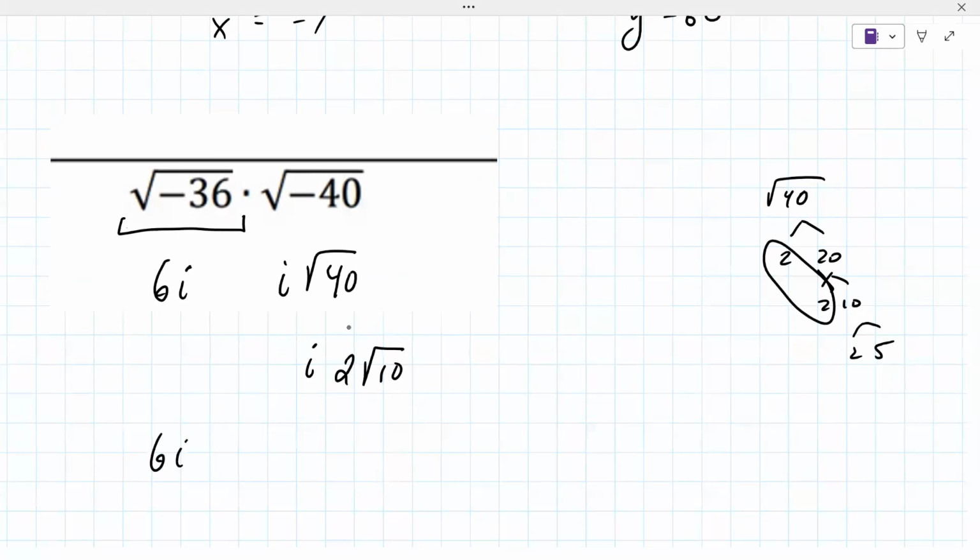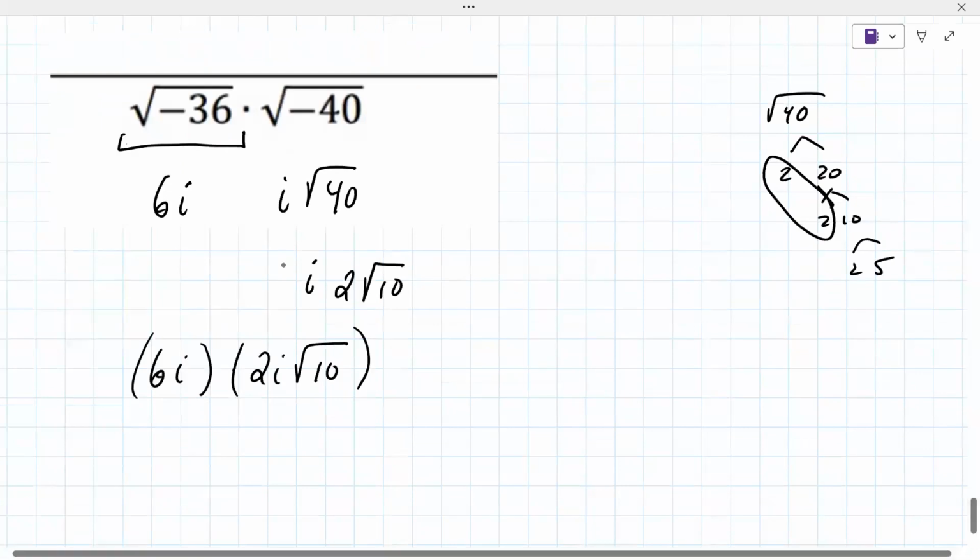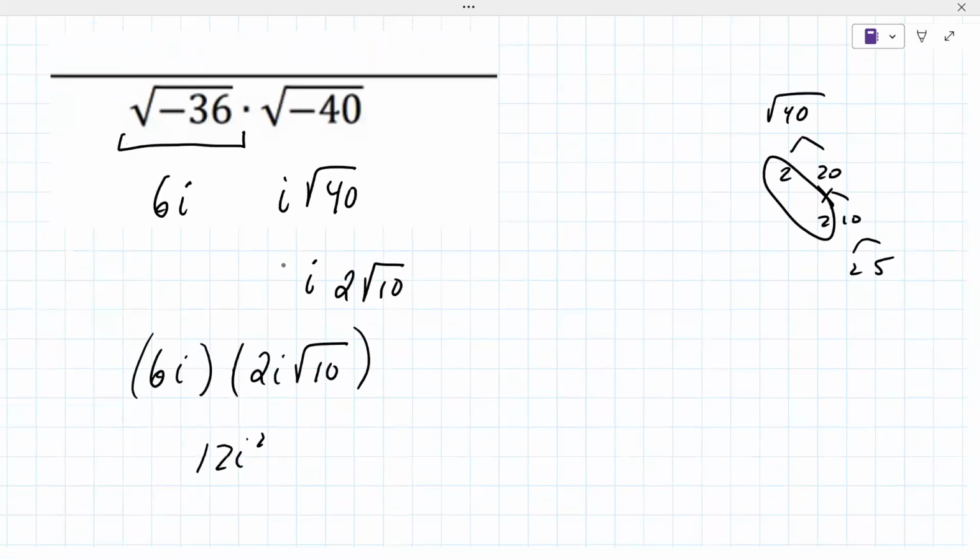So you end up with 2i square root of 10. And then you multiply the i's together. So you get 12i squared, square root of 10. And then i squared is -1. So it's -12 square root of 10.